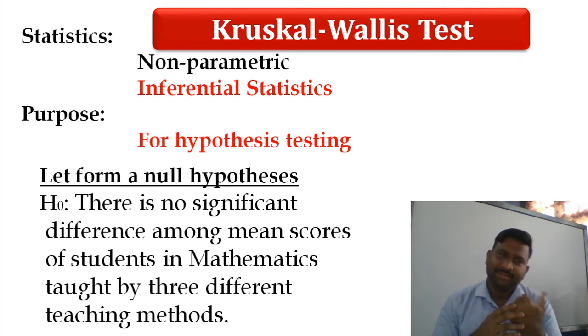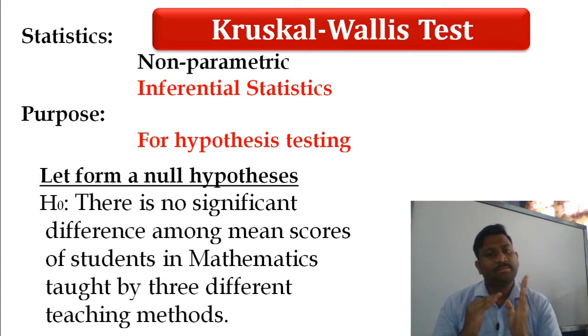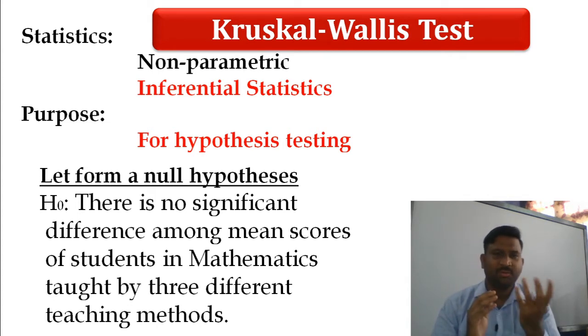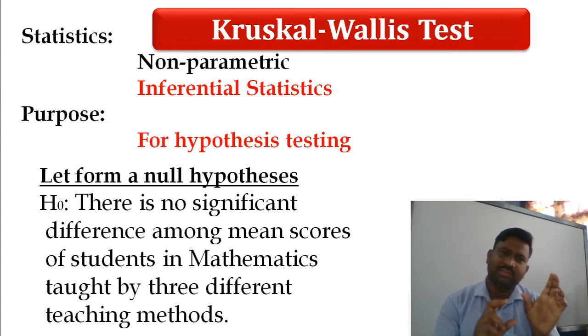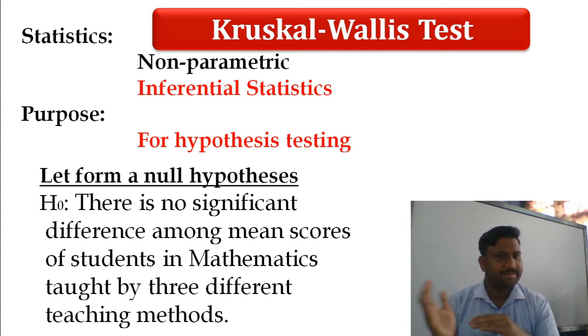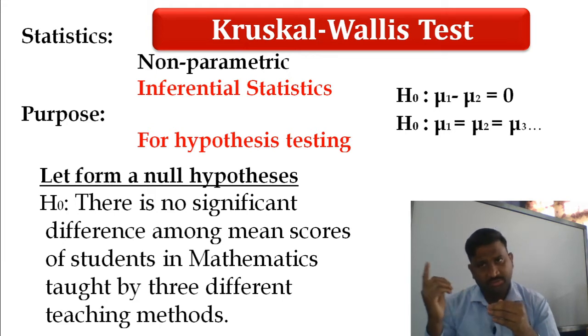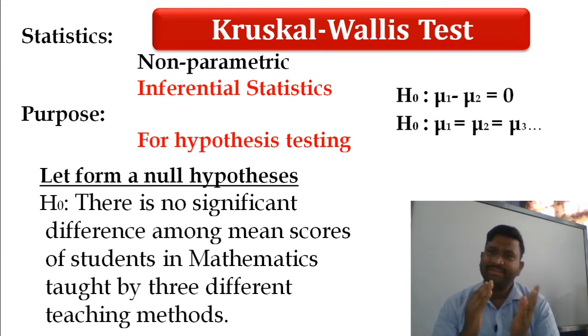Or I can say it another way: all the groups have equal means. Each method has an equal mean score, meaning there is no variance in the mean scores of the students. So the null hypothesis can be written in this form. H naught: mu1 minus mu2 is equal to 0, so the mean difference is 0.